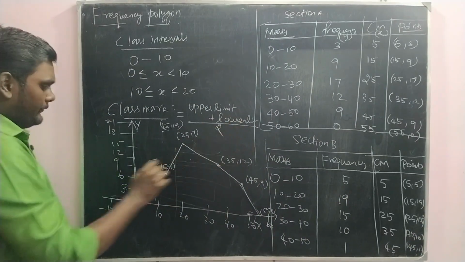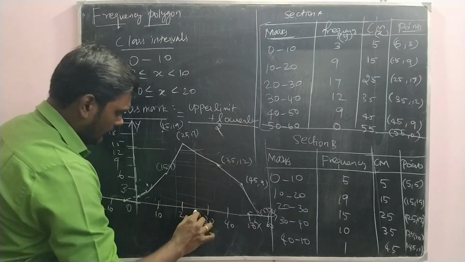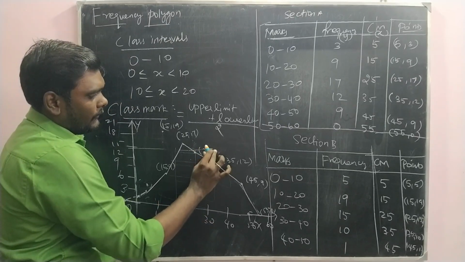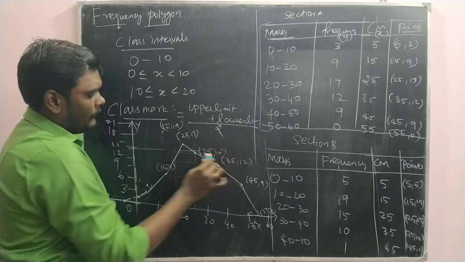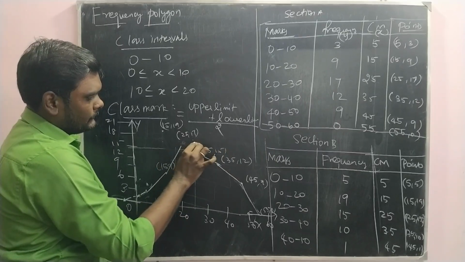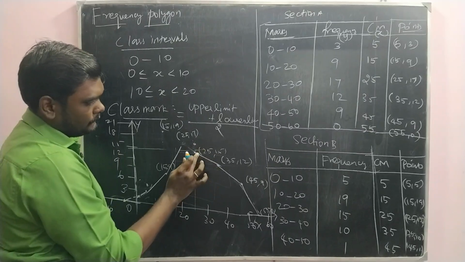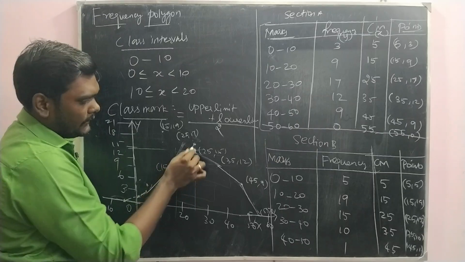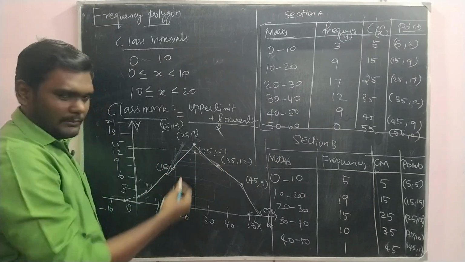Okay, then let this be. 15 is here, 25 is here. This point 25 comma 15. This point also should come above 17. So this line we can connect like this. Approximately only I am drawing.